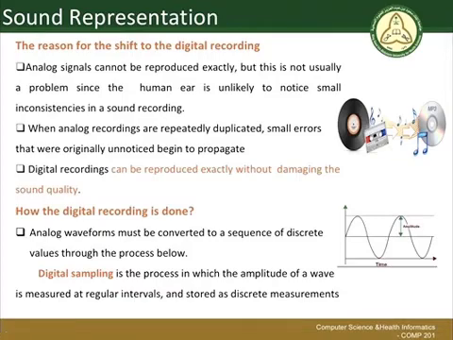But anyway, this is happening only one time, and then we have a discrete value, and these discrete values can be converted to 0 and 1. So this is how we can convert an analog signal to a digital signal.